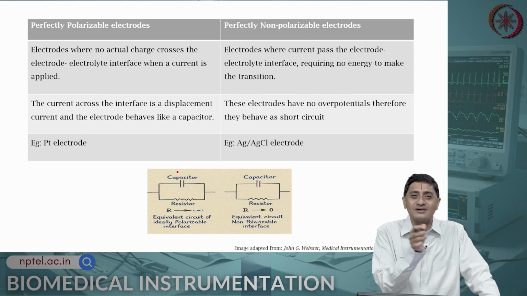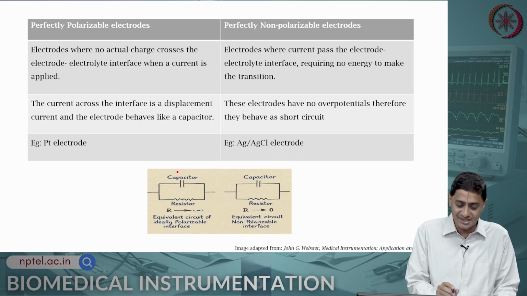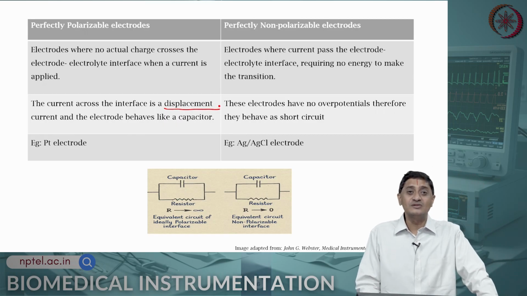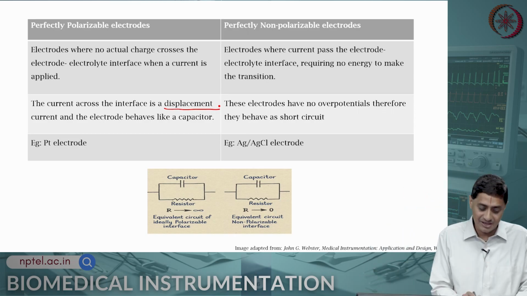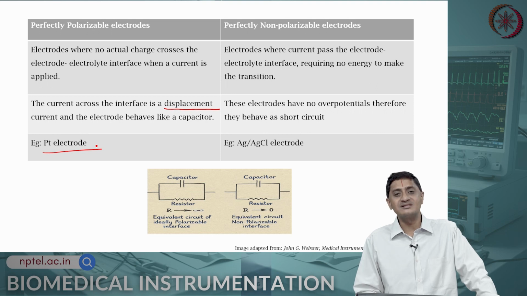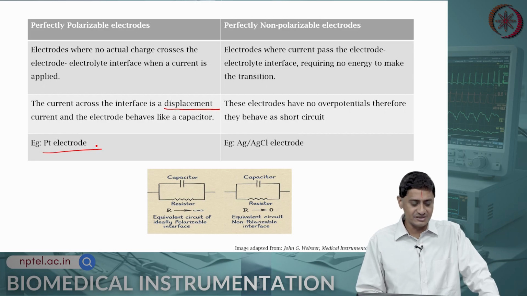The current that crosses the interface is only a displacement current, as you would see in an ideal capacitor. So the electrode essentially behaves like a capacitor. This is the platinum electrode, an electrode whose properties approach that of the nearly perfectly polarizable electrode.